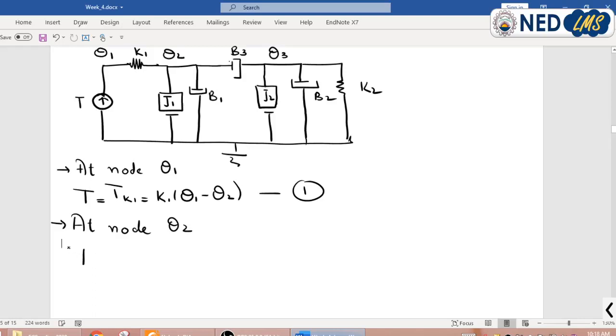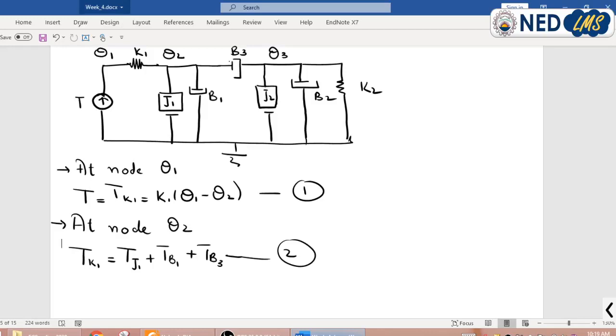So we have input force which is equal to T K1 and the reactive forces are basically torque due to J1 plus torque due to B1 and torque due to B3. This is my equation number 2.